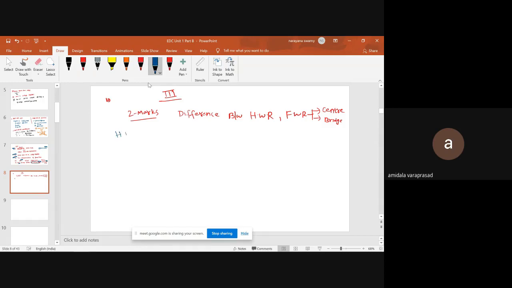Half wave rectifier, center tap transformer. Here I will give some space for the parameter. Here it is parameter.